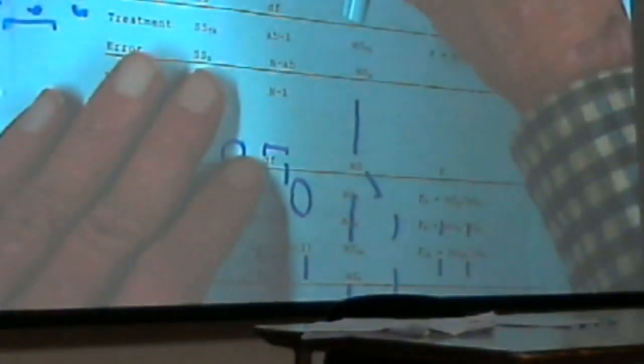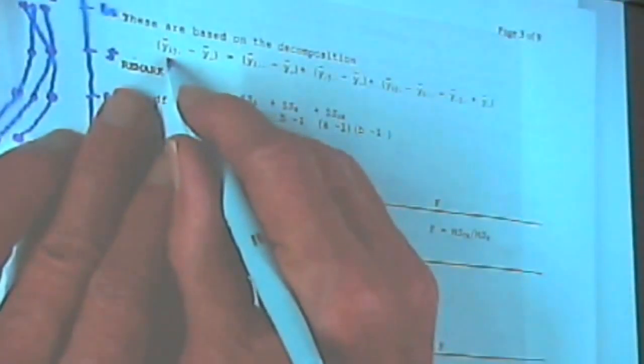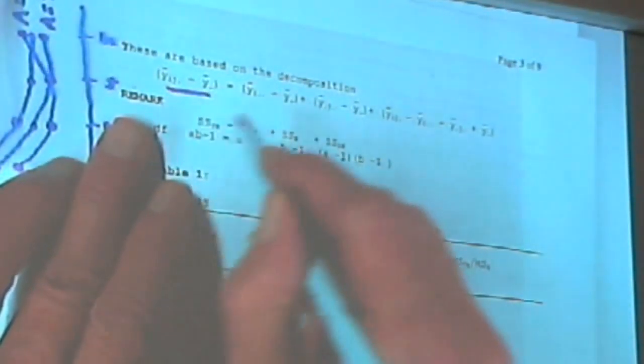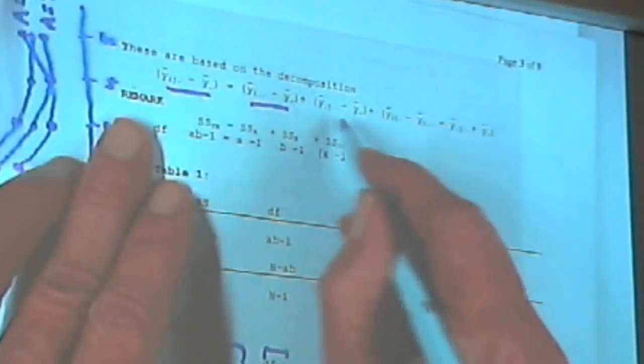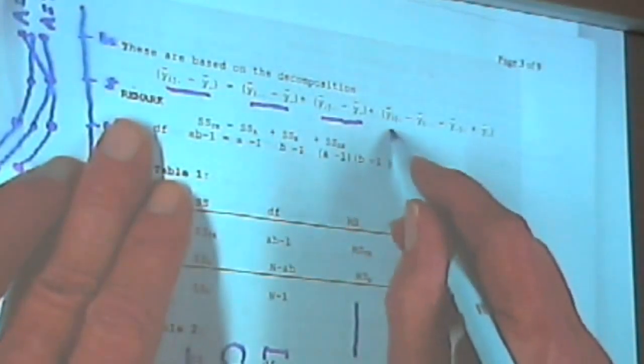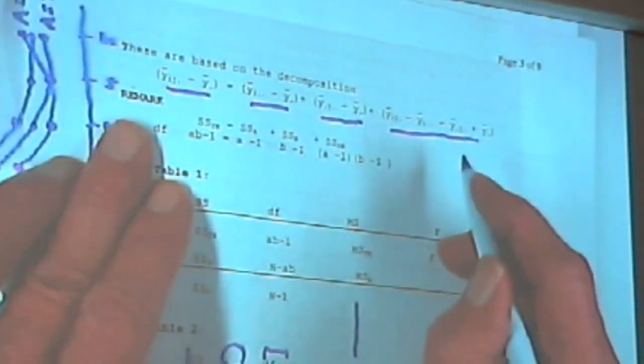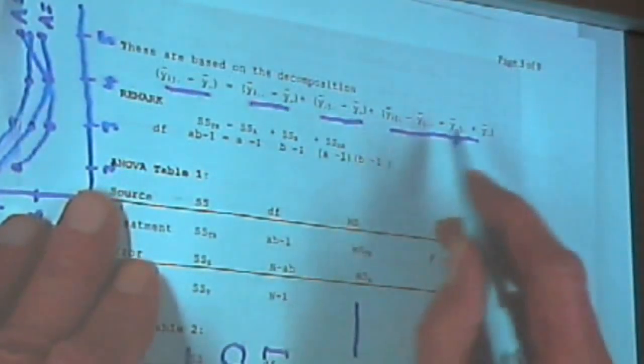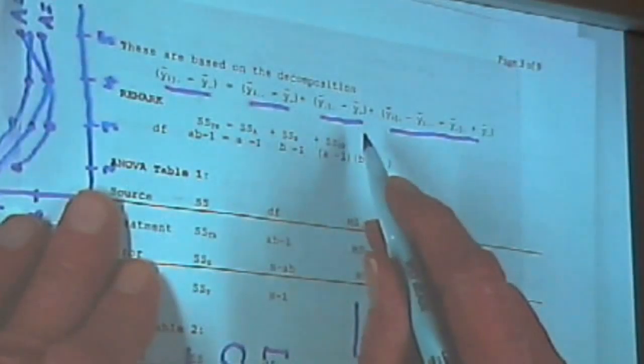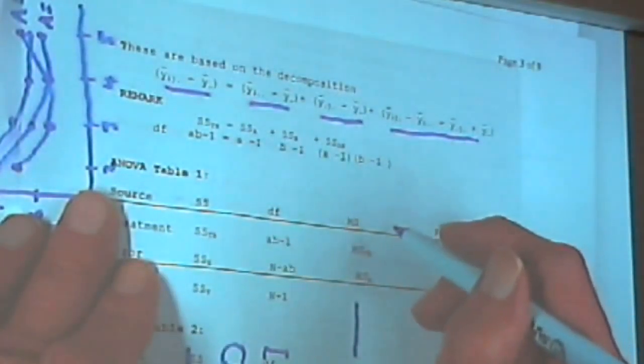Now those three sums of squares are based on this decomposition. That difference is that plus that plus that. And if you let your eye roll across that expression on the right there, you can see certain things are canceling off, leaving you with just the two terms on the left.